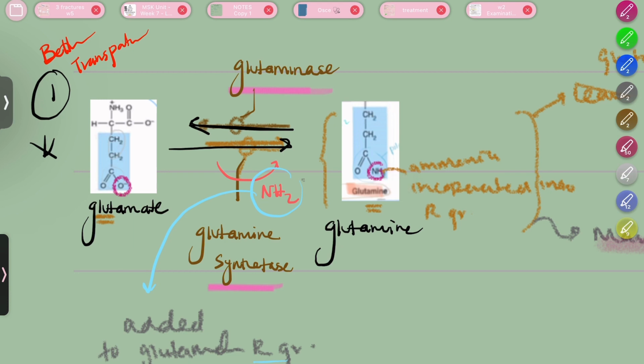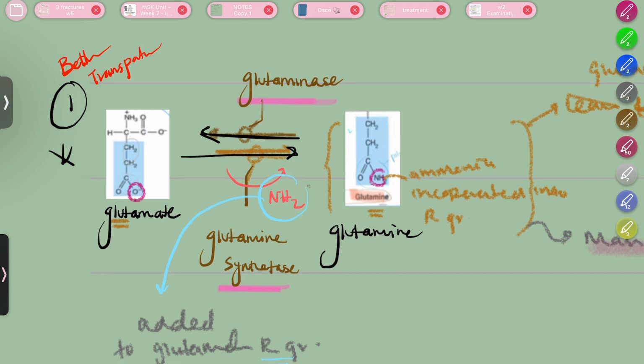And once we incorporate the amine group, the free amine group which was produced by the deamination of the glutamine, now we're going to have our transporter ready to go from the blood to the liver. Now this process is done with the help of a certain enzyme, which is the glutamine synthetase, from its name, because we're synthesizing the glutamine.